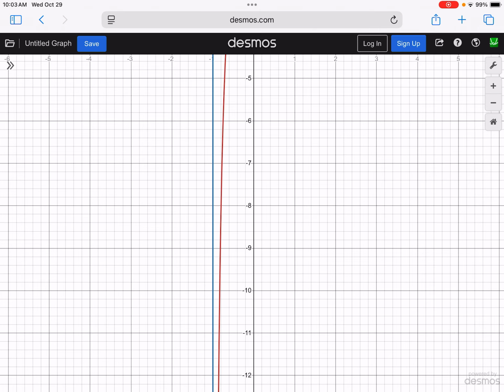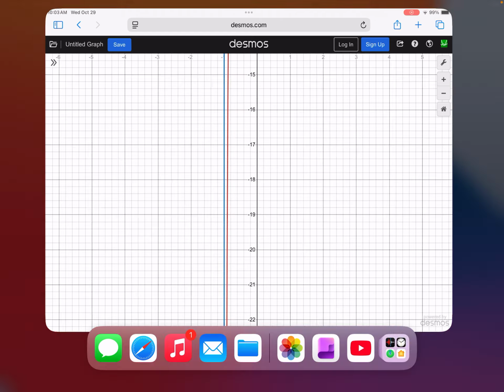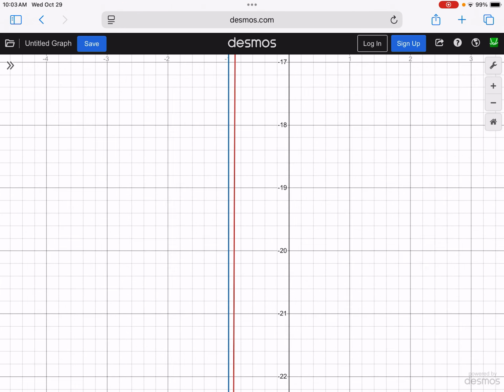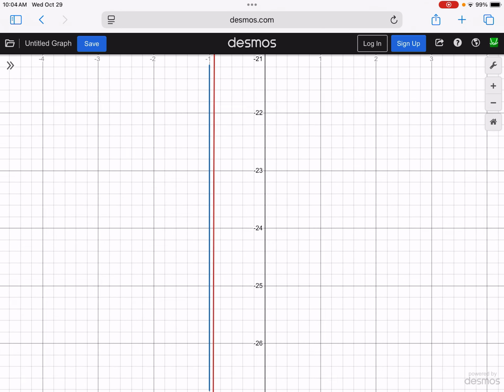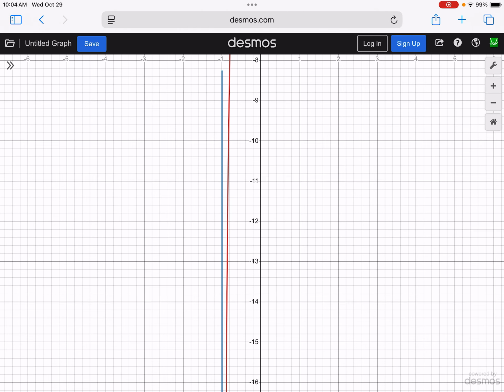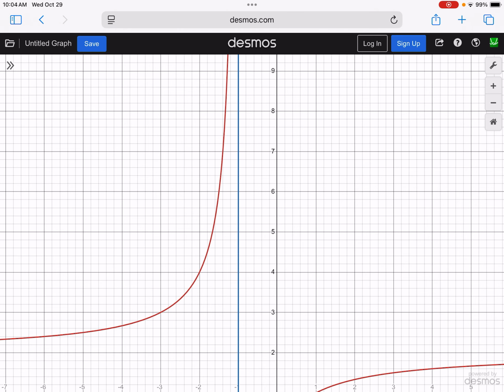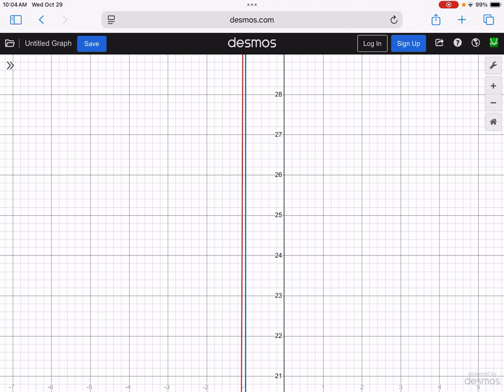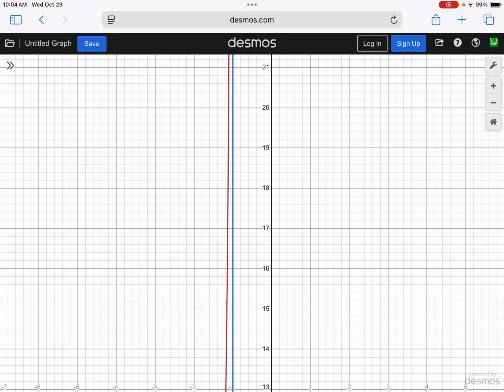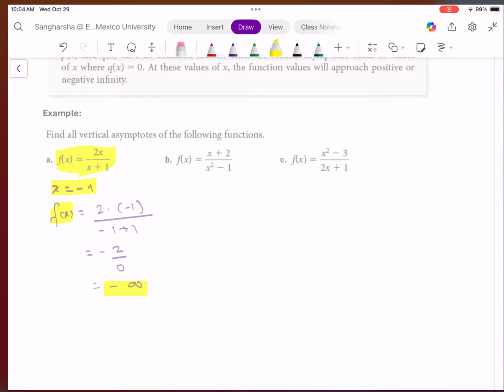It does not matter how far you go below and above. If we go all the way below, it never crosses that vertical line. It's the same thing if we go up this portion of the graph, it never touches this vertical line. Our function goes to -infinity.